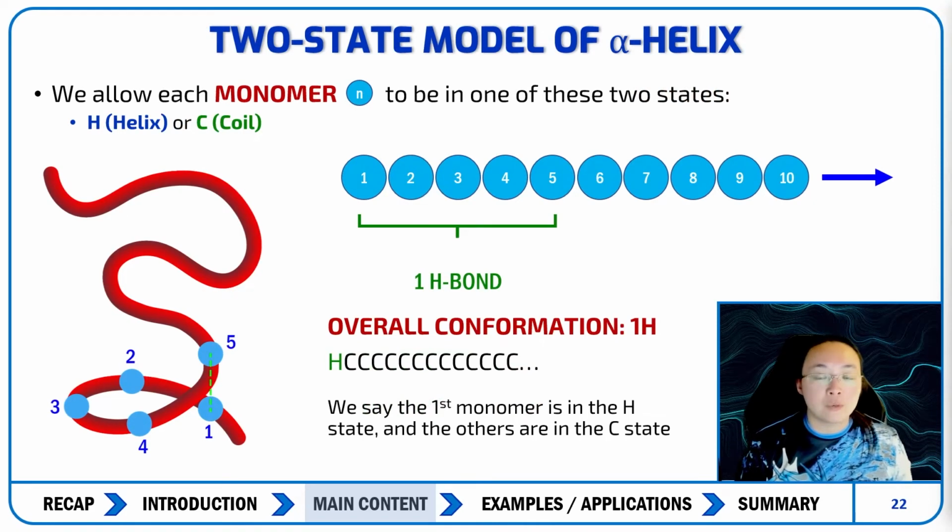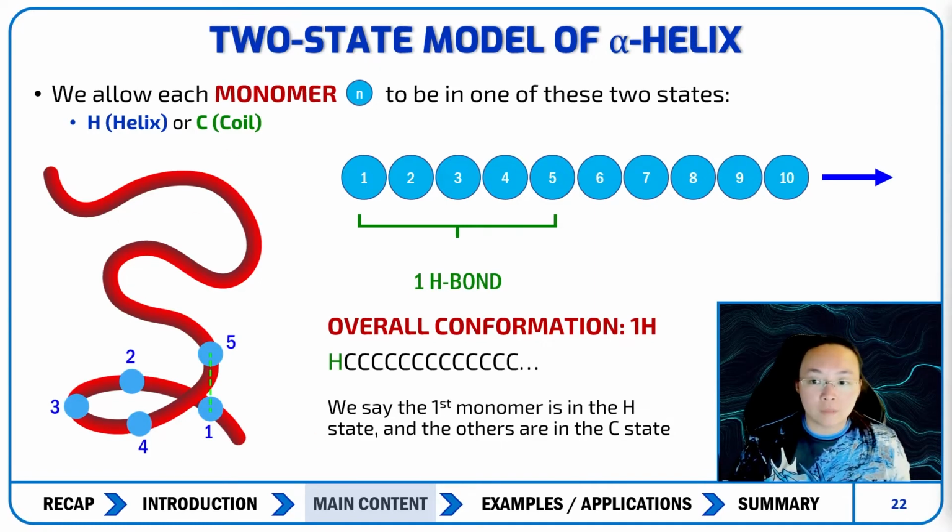Let's first allow each monomer, which we're going to use blue circles for, to either be a helix state or a coil state. So only one of two states. So this is our monomer N, and we designate these as H or C, H for helix and C for coil.